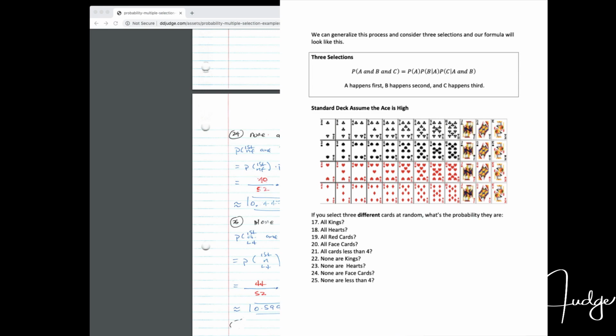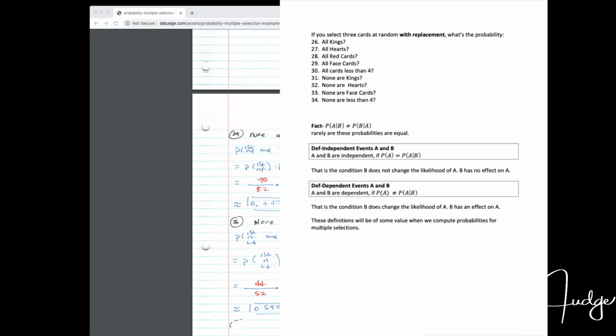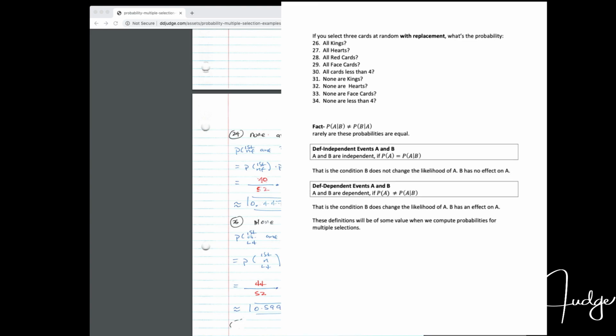Now, this is all with replacement, meaning you put the cards back. Okay, so we had 3 different. Let's go to that last page. There it is. Okay, so 26 to 34, I apologize. If you select 3 cards at random with replacement, what's the probability they're all kings, all hearts, all red cards, and so on, right?